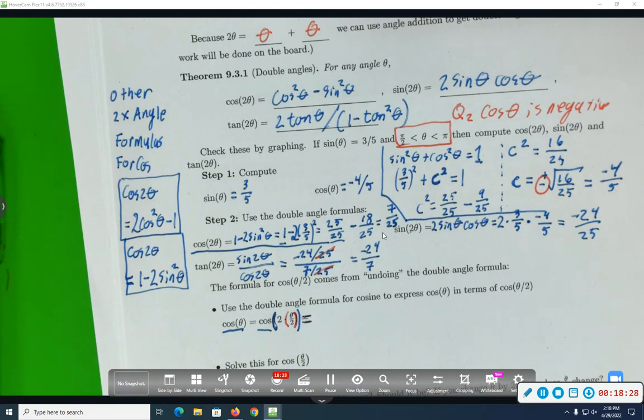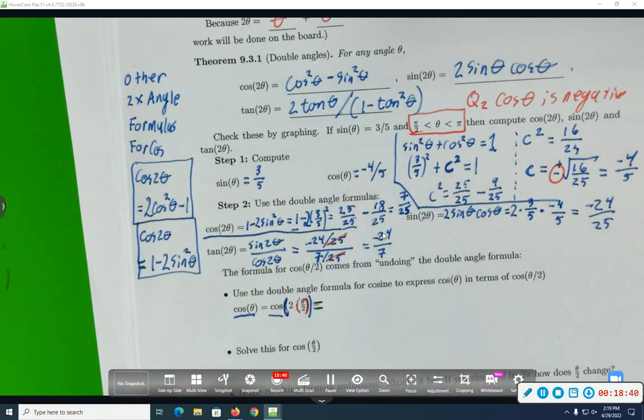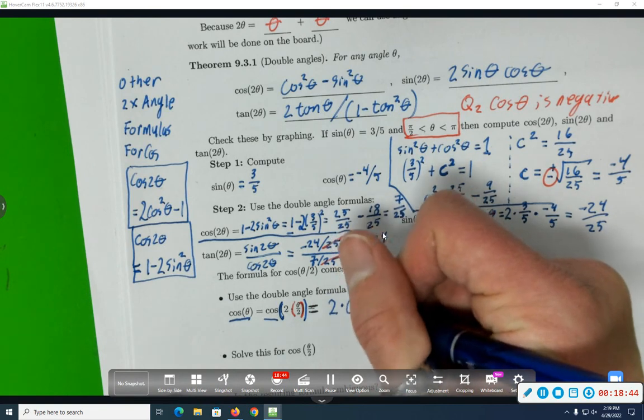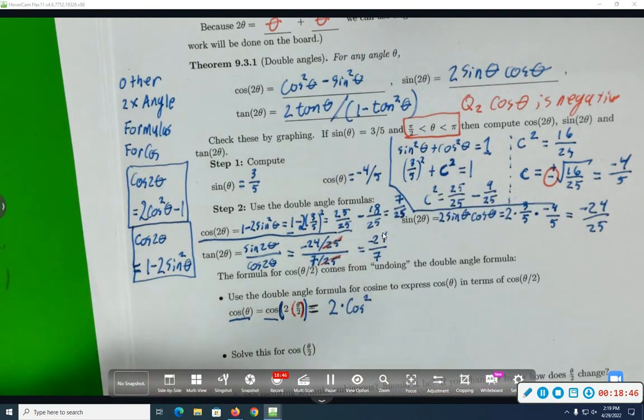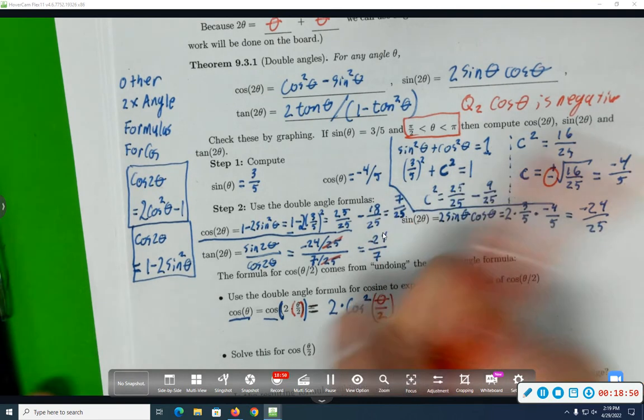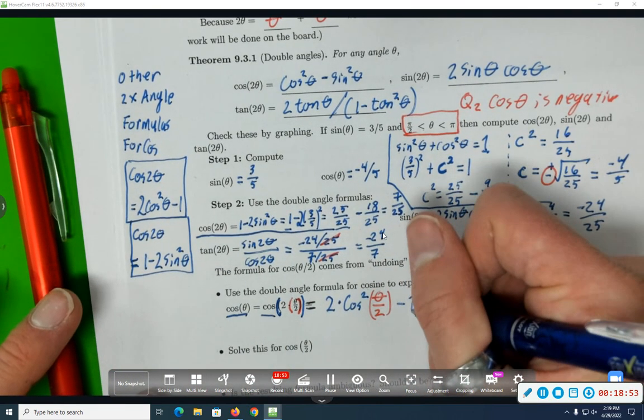So here's what I'm going to do. I'm going to try to use the double angle identity to get an expression, and then I'll see if I can simplify. So the double angle formula says that the cosine of 2 times theta over 2 should be the same thing as 2 times cosine squared of the thing that's getting multiplied by 2, minus 1.